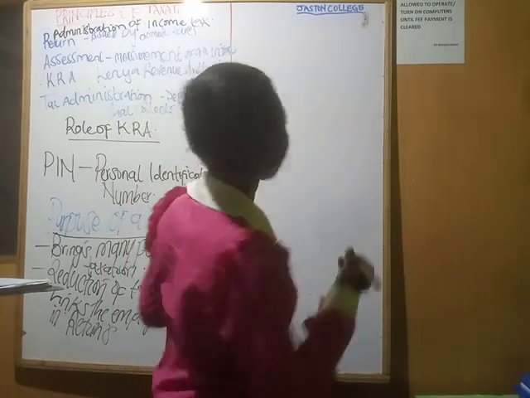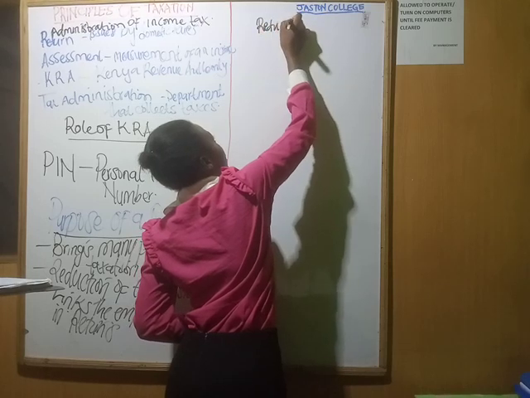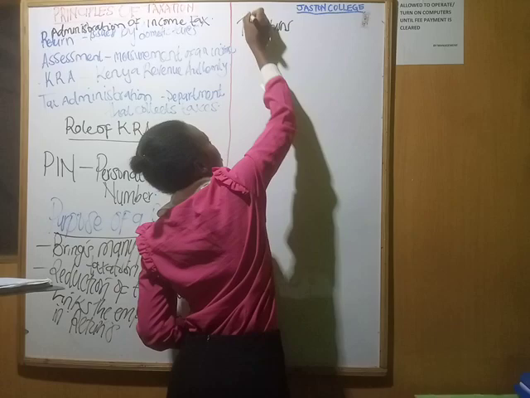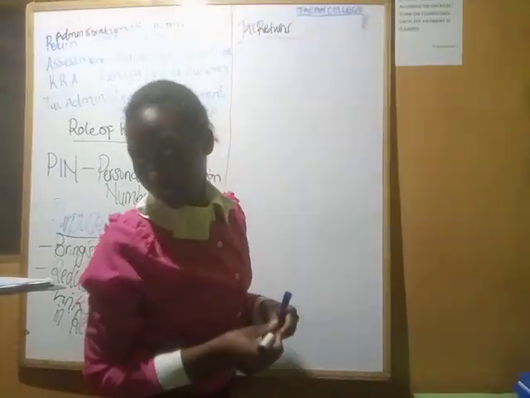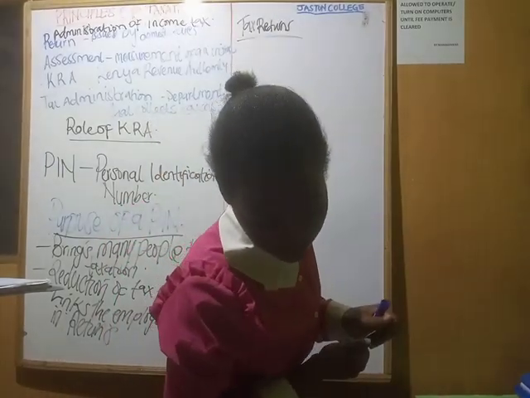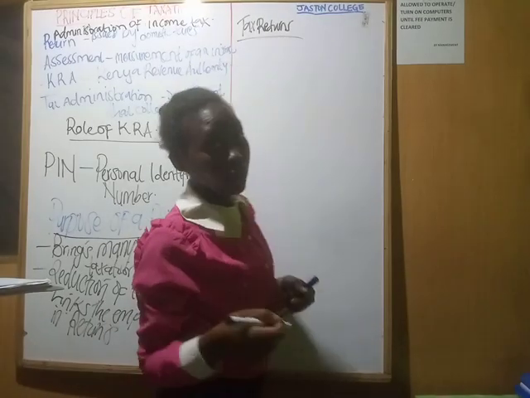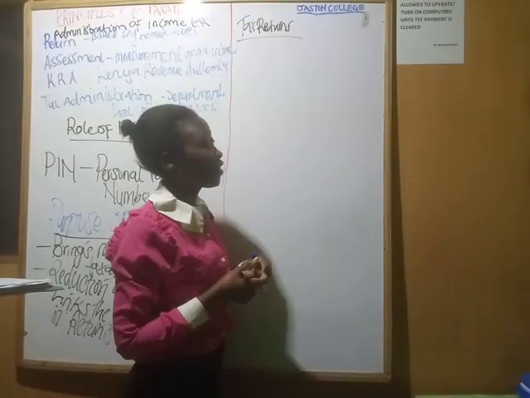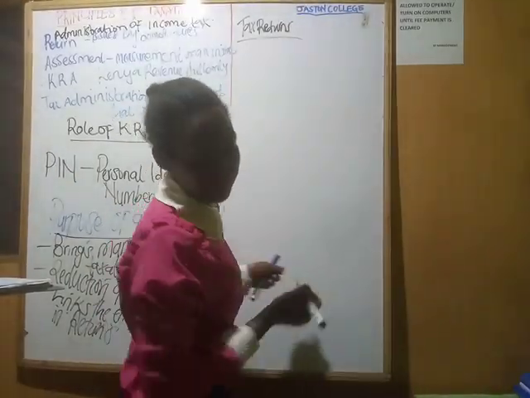We have the installment tax return, the self-assessment tax return, and the compensating return. So we are going to look at them.